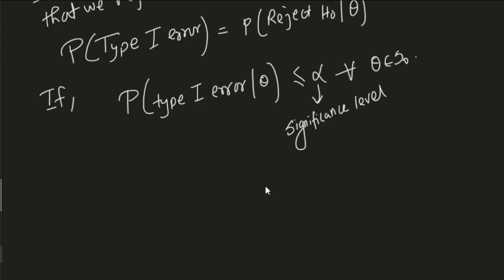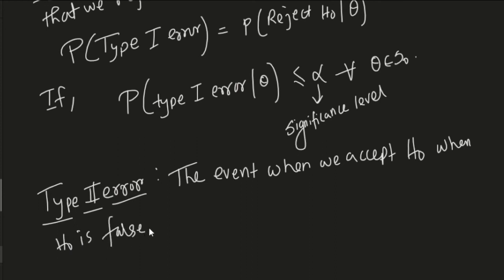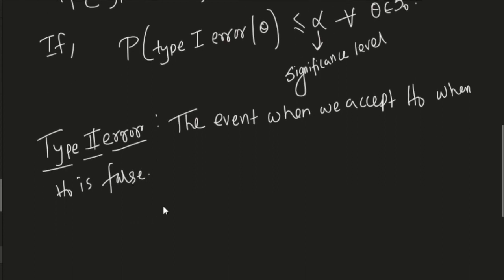Similarly, there is a type 2 error. So this is called type 2 error, and it means that we are going to accept h naught when in reality h naught is not true, which is h naught is false.